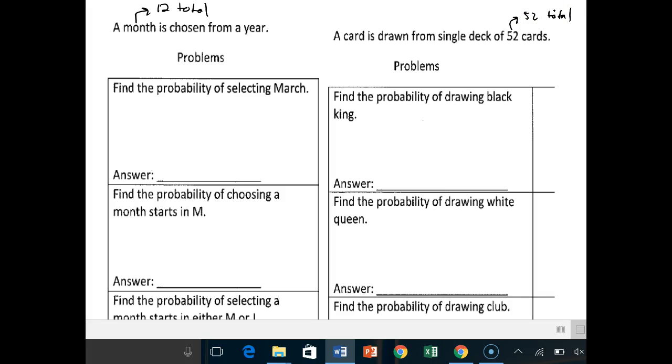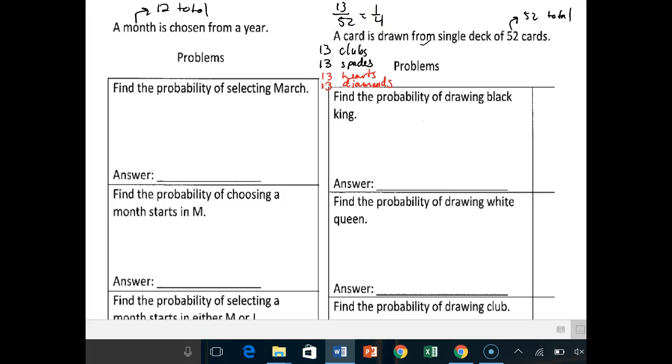So within cards, you have 13 clubs, 13 spades, I'll do these in red, 13 hearts, and 13 diamonds. And so those all represent 1/4 of 52. Literally, the fraction 13 over 52 can be simplified down to 1/4. So that's for your reference later on.